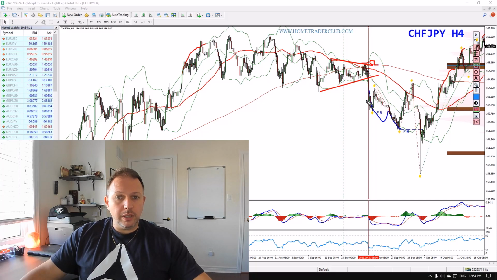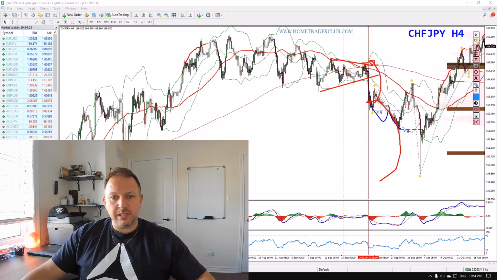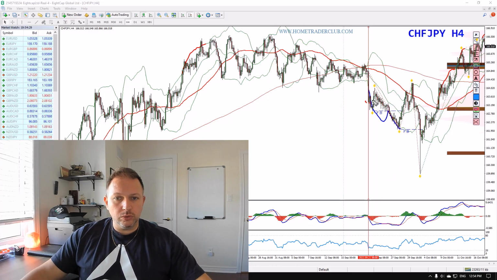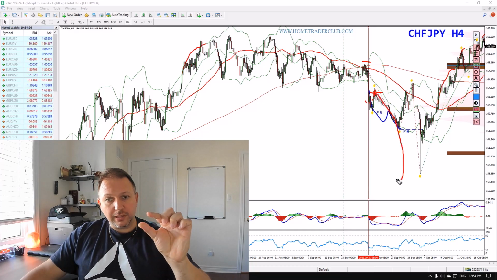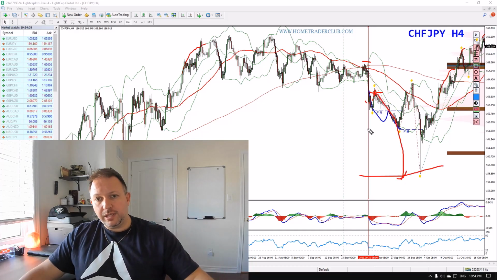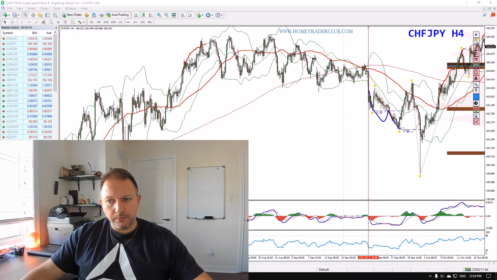So even if you enter here, you need to ask yourself, if I enter directly with the close and my protection is above the last high before the breakout, will I get a good risk reward? If the answer is yes, you don't need to wait for anything else. If the answer is no, what you will want is a pullback, because when the market makes a pullback, your stop loss shrinks, but your target increases and you get better risk reward.